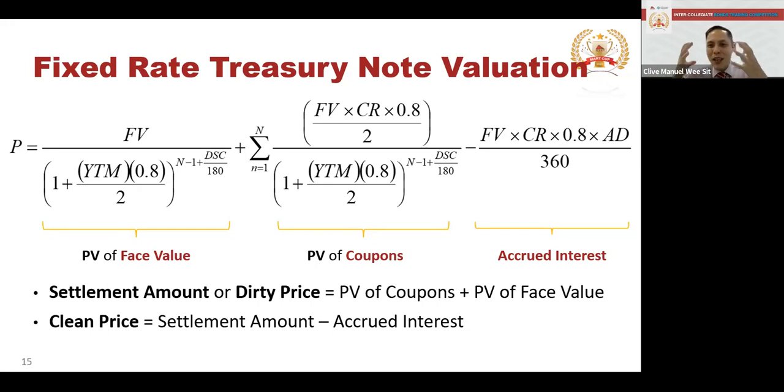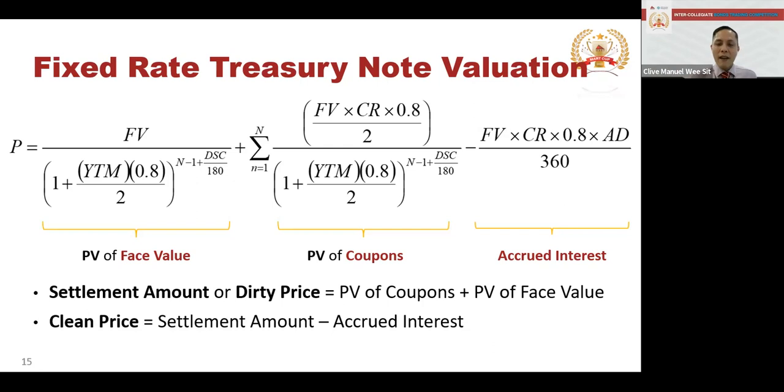So mathematically, if you're discounting future cash flows, shouldn't you be discounting cash flows that have already been reduced because a number of days have already lapsed since the last coupon date or the issue date?